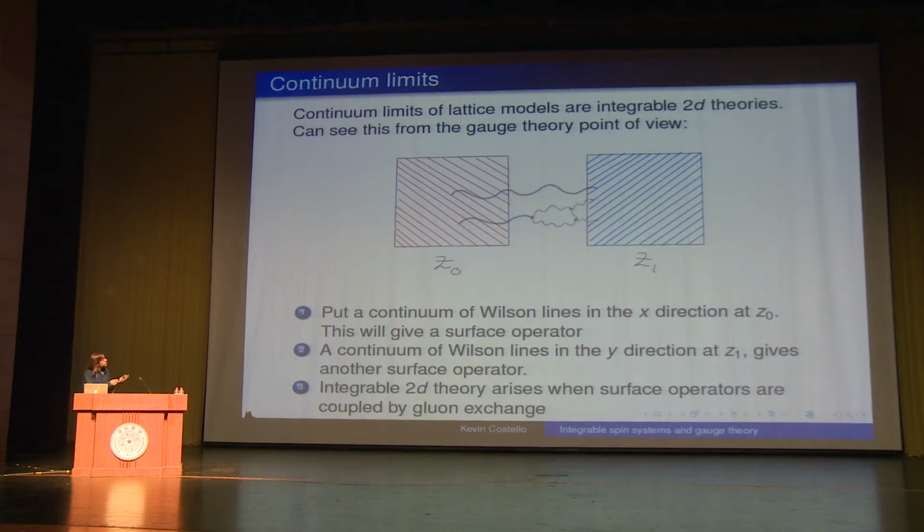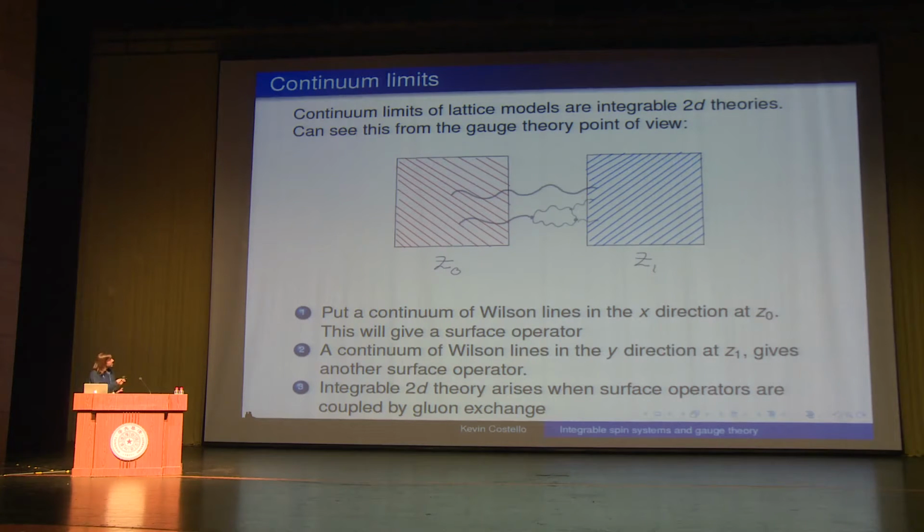So to take a continuum limit of a lattice model, we should replace this very large number of parallel Wilson lines by a continuum of Wilson lines, another continuum of Wilson lines here. That continuum of Wilson lines will now be a surface operator instead of a line operator.